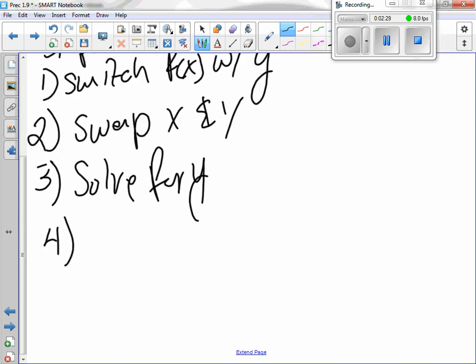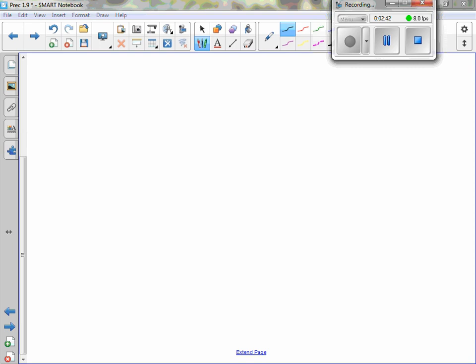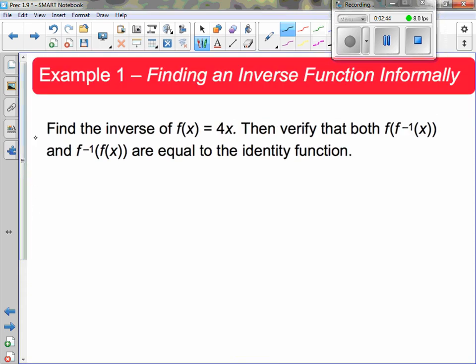And lastly, replace y with f inverse of x. Okay. So we have those steps down. If for some reason you need to rewatch this, all you have to do is back it up and you're good to go.